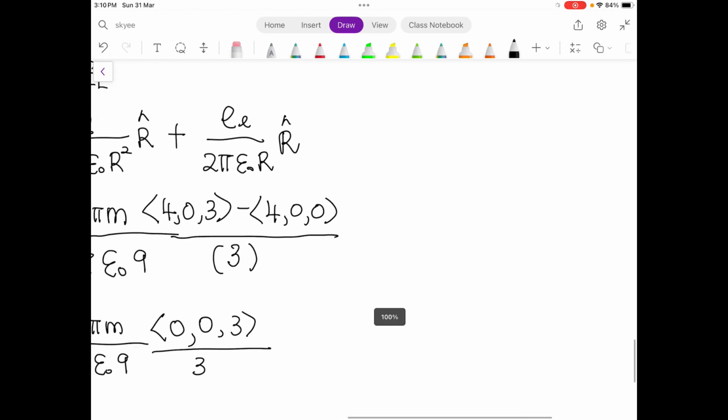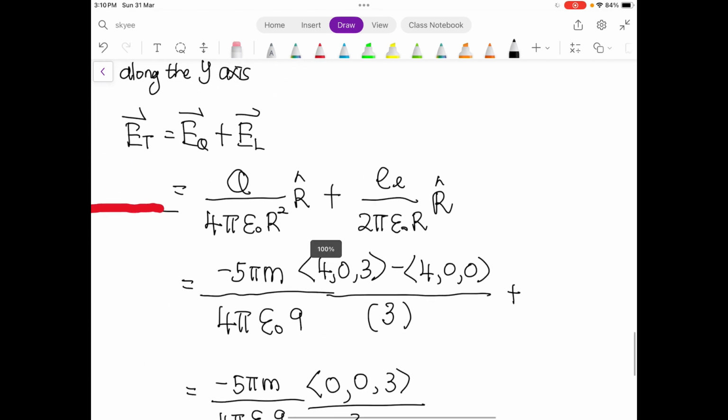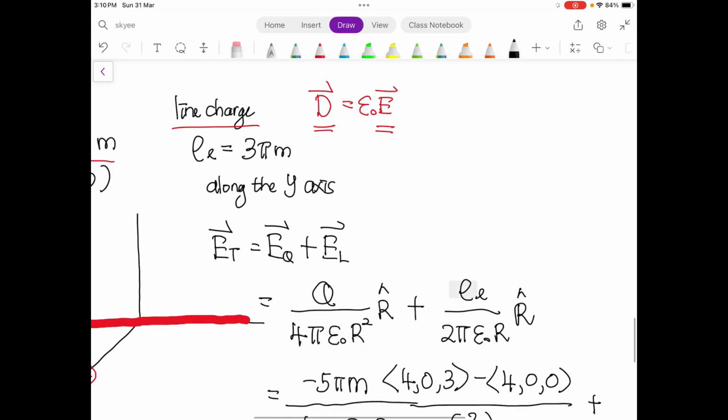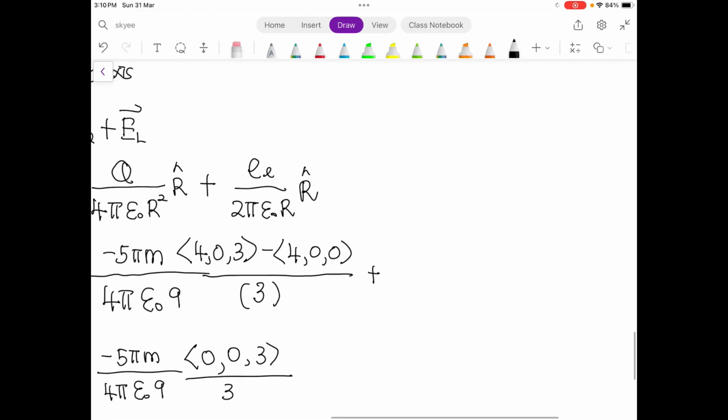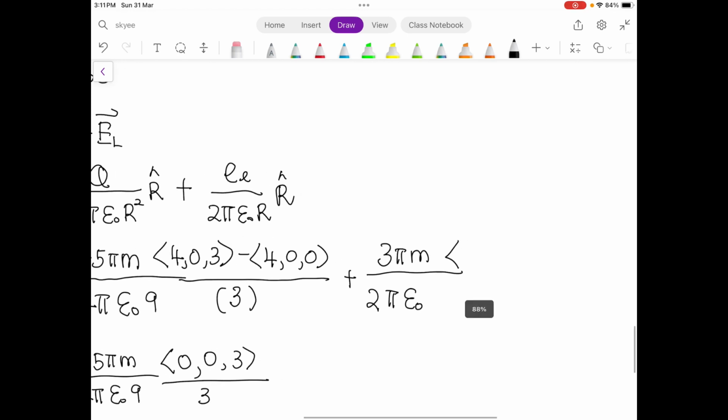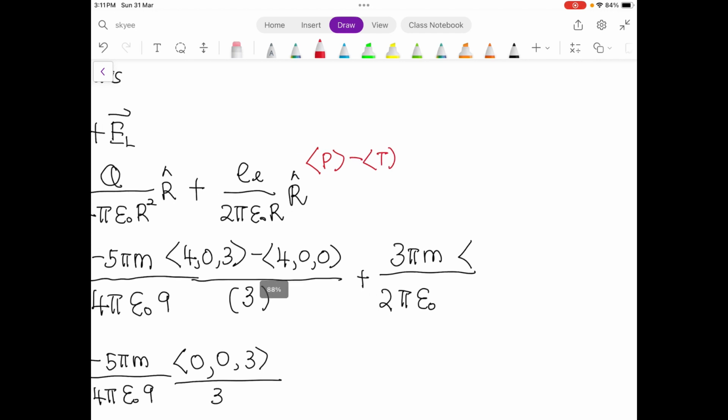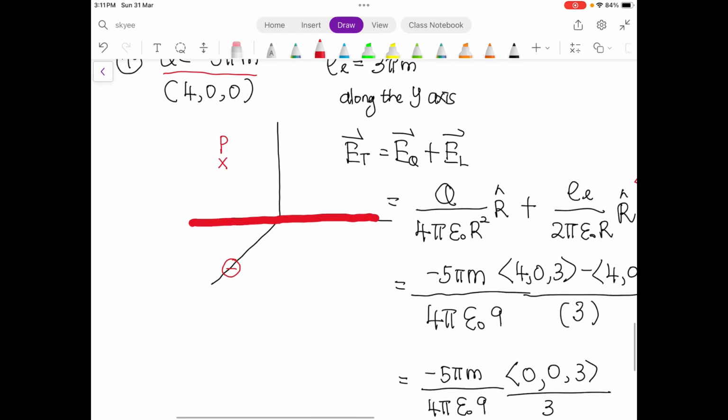And for the line charge, the rho L is equal to 3 pi milli, over 2 pi epsilon naught r. The r would be the difference between P and the point T. So where is the point T in this case?